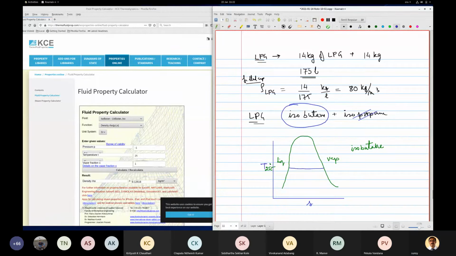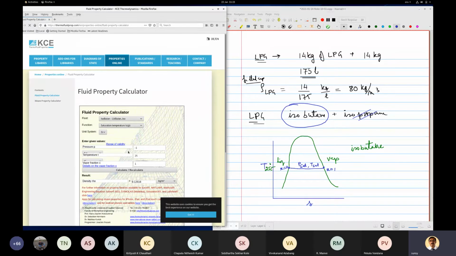Okay. So here, if I draw it, at 25 degrees centigrade, it will go from here to here. Right. So this is at x equal to 0, and this is x equal to 1. So this is at P sat, P saturated, and T saturated. Once you set the T saturated, P saturated gets settled, right? So what is the P sat, T sat? We can also find it out from here, right? Saturation temperature.